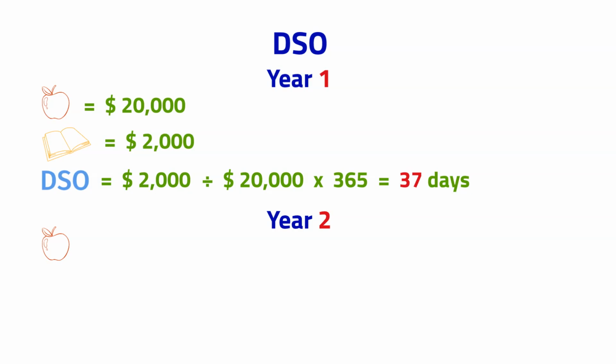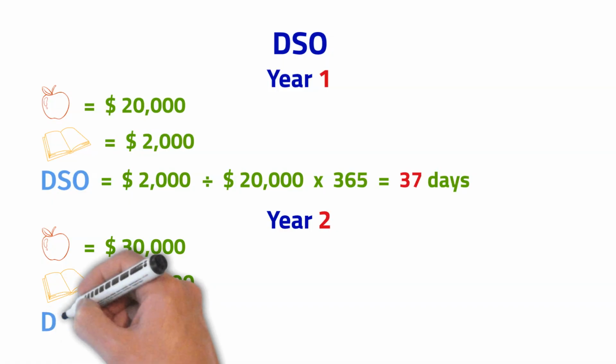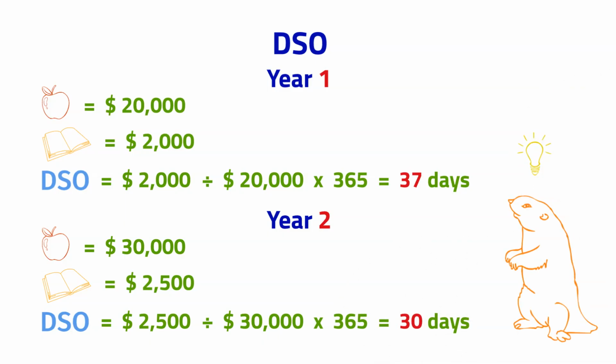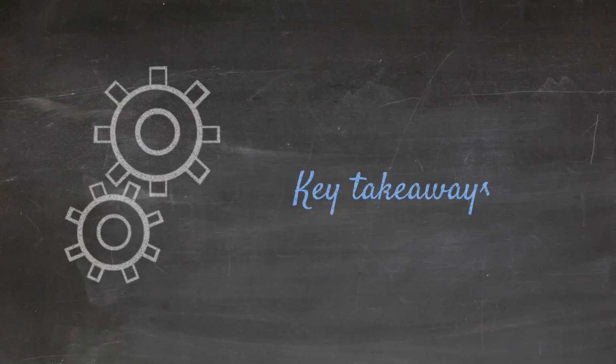This year we grew our business and had sales of 30,000, receivables were 2,500. Our DSO is 2,500 divided by 30,000 times 365 equals 30 days. Looks like we have improved our collection. Well done! Now let's summarize the lesson.